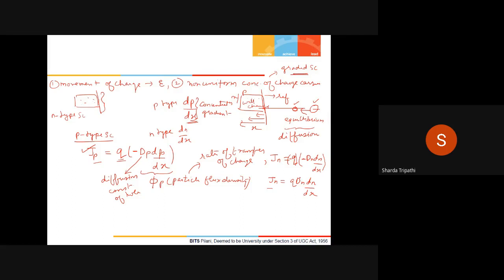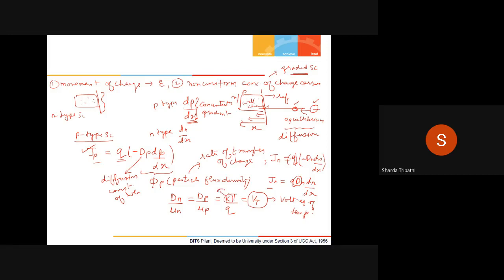In fact, these diffusion constants, Dp and Dn, are also related to the mobility of the charge, which we have already seen. There is an equation which relates all of these. So Dn by mu n is always equal to Dp by mu p, and this is given by kT divided by q, also known as VT, where VT is the volt equivalent of temperature.